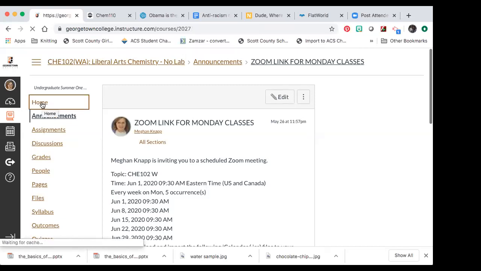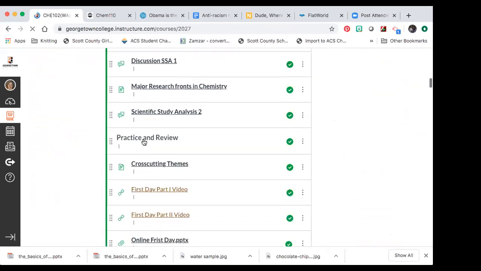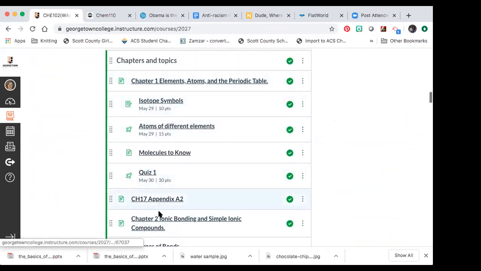On Canvas, if you want to see an example of what I did in this second module here, you have chapter 1, and then there's this little appendix here. What I discovered was that for some people, what I'm calling appendix 17 is actually showing up as chapter 1. If that's happening for you, then chapter 1 is chapter 2, so you just have to look at the next chapter.